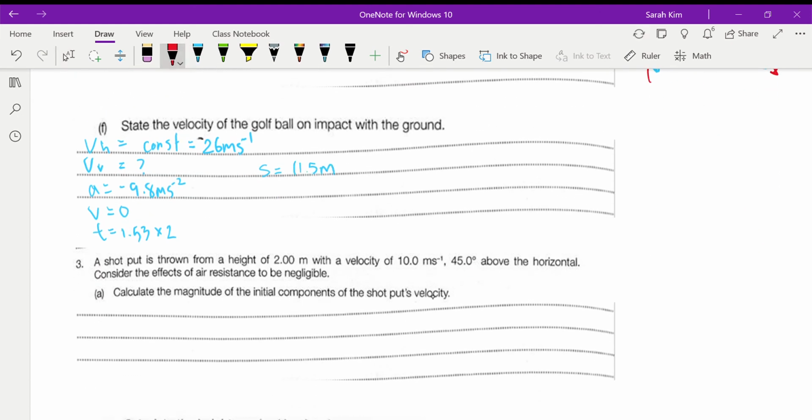Alright, find the velocity, so I'm just going to use V equals V0 plus AT. That's just the easiest I find, because it's already rearranged. Hold on, what's going on here? Sorry, this should have been V0, my bad. I should have started with a V0, not V, because V is what we're trying to find.